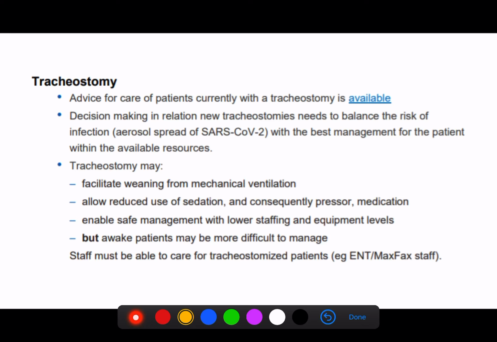The TracMan trial suggests that with early versus late tracheostomy, there doesn't seem to be much difference. And the other more practical thing is proning patients with a tracheostomy always ends up being a little bit more difficult than those with endotracheal tubes. So if the patient's looking like they're needing proning, I tend not to put a tracheostomy in until they've been very stable for a couple of days, if not longer, and 24 hours deproned.